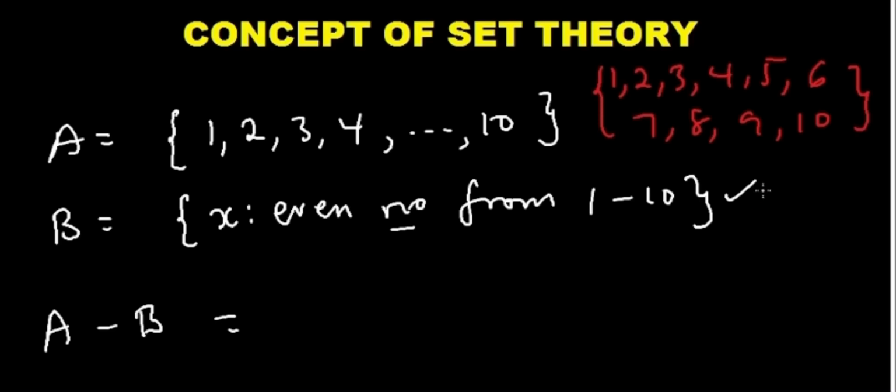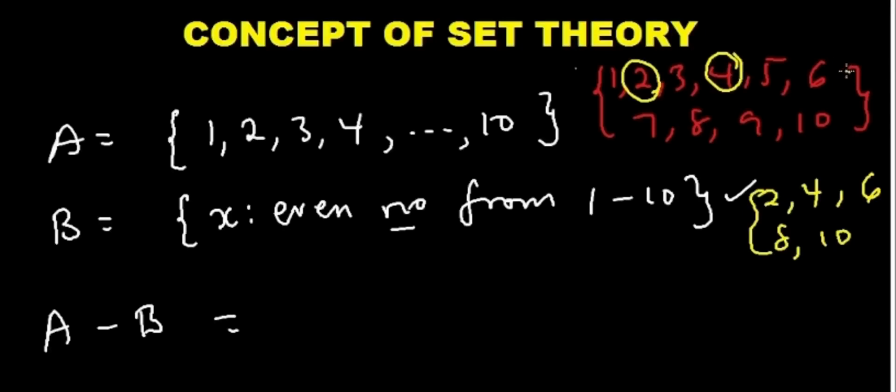And for B, I have even numbers only: 2, 4, 6, 8, and 10. This is for B. So we are starting from A minus B. So any property of B here, remove it. B will say, this is my property, so I have to take it away. This one is my property, I have to take it away. This is my own, and this is mine. So these are the ones that belong to B.